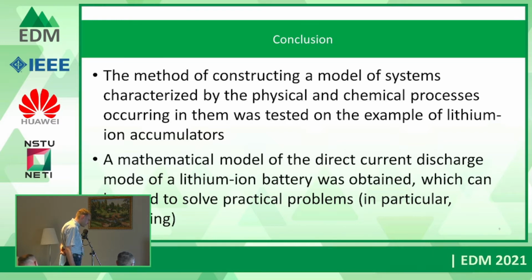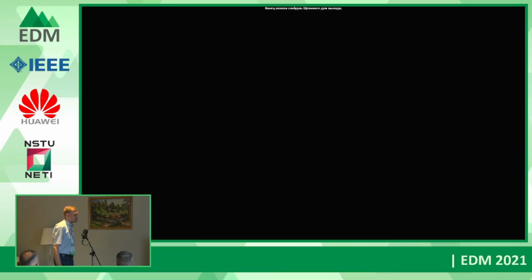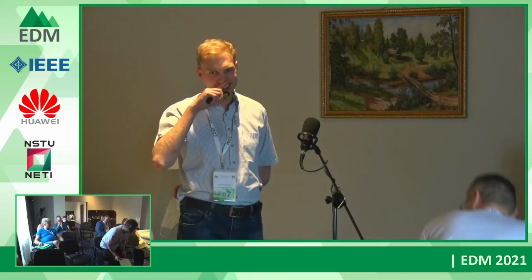A mathematical model of the discharge of a lithium-ion battery in direct current discharge mode was obtained, which can be used to solve practical problems, in particular balancing. Thank you for attention.